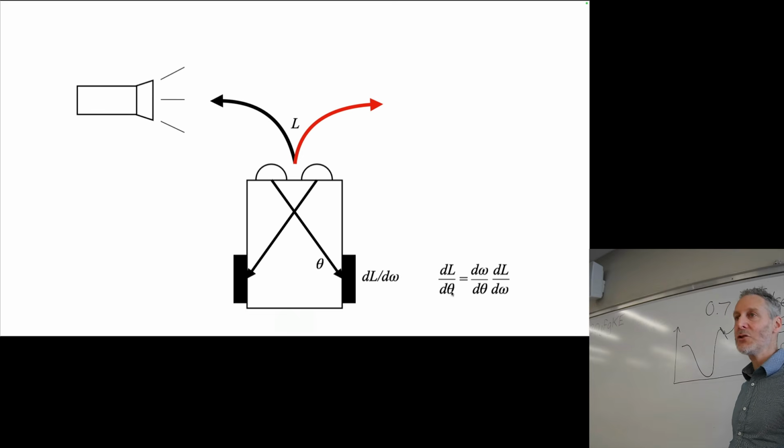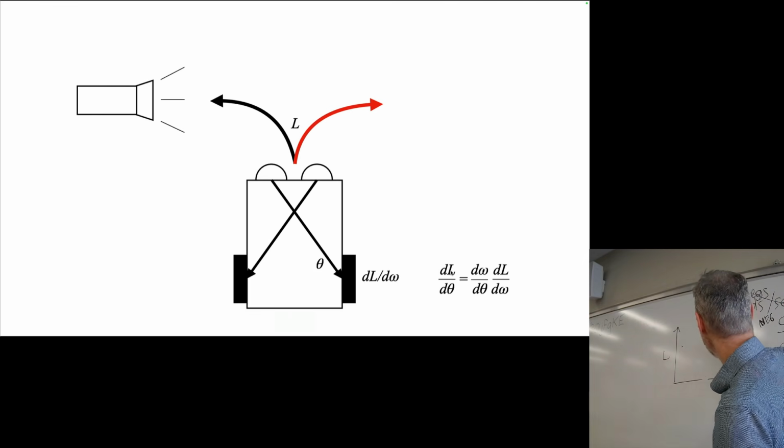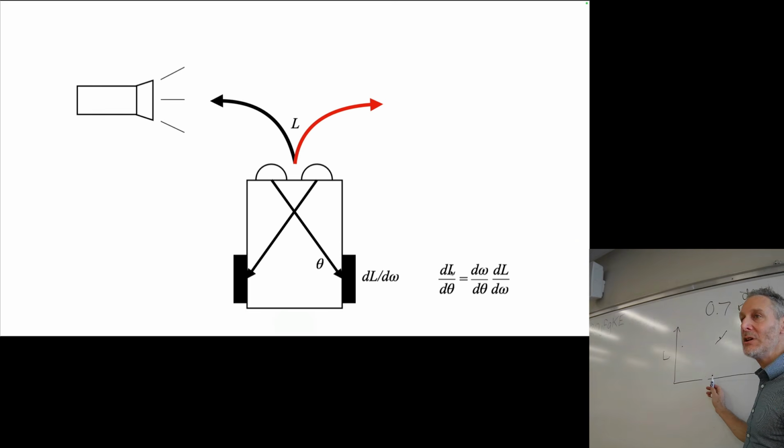If we increase theta by a small amount, we know that L will decrease. So if we're looking at just the theta part of the loss landscape, we now know the slope is negative. We know that if we decrease theta by a small amount, loss will increase.